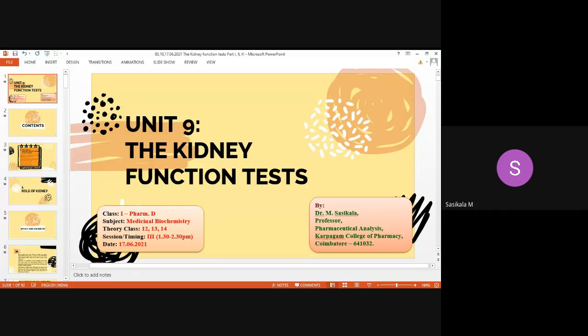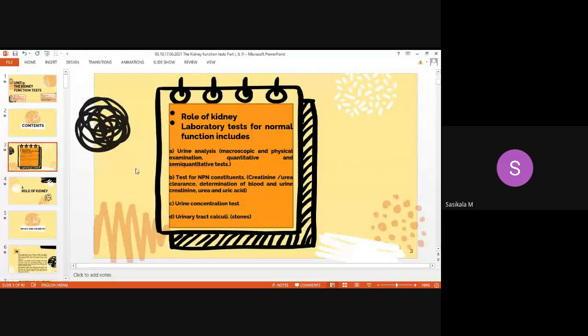Okay, now let's move on to the remaining part of urine analysis. In the kidney function test of unit 9, we have discussed till now the role of kidney, and under laboratory tests for normal functions, urine analysis. In that we have seen macroscopic and physical examination.